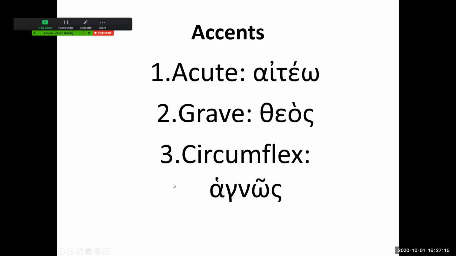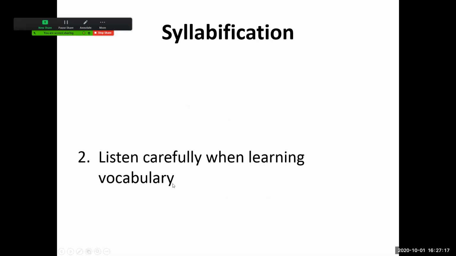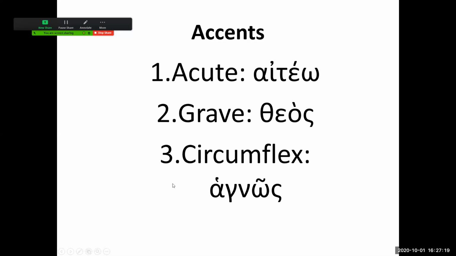The other thing you need to remember here is that we actually won't learn accent rules. The only thing that is important is, number one, when you read, you accent your reading as the text is accented. Theos, not theos.